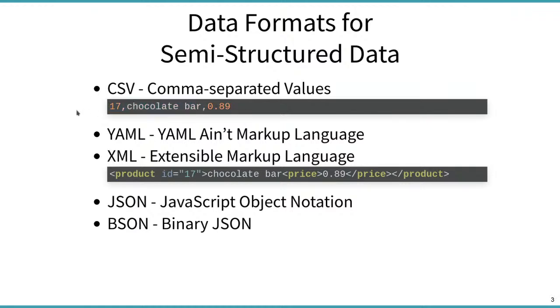This is very good for importing and exporting data from relational databases or other systems. Many systems offer an import and export for CSV. You can even open this CSV file in Microsoft Excel and work with it like an Excel table, and you can export Excel tables as a CSV file.